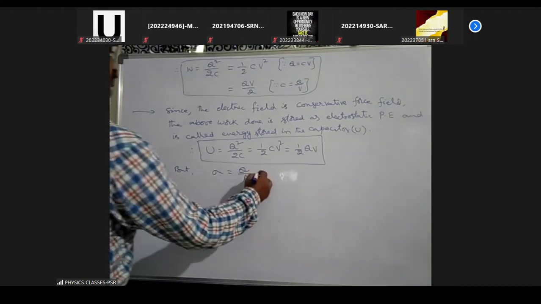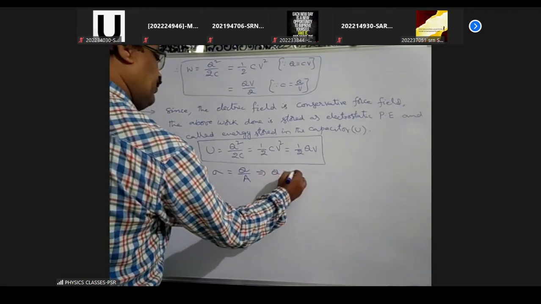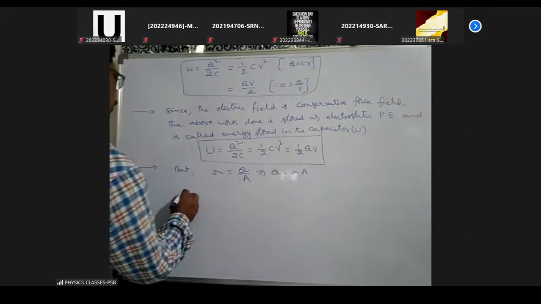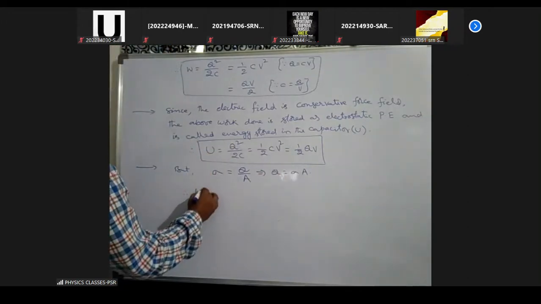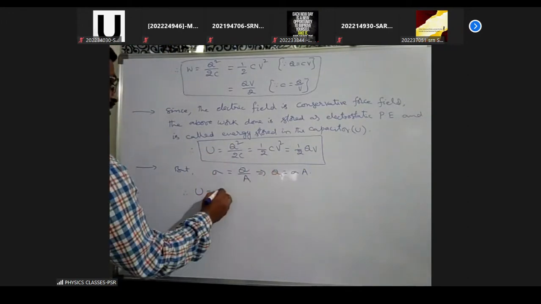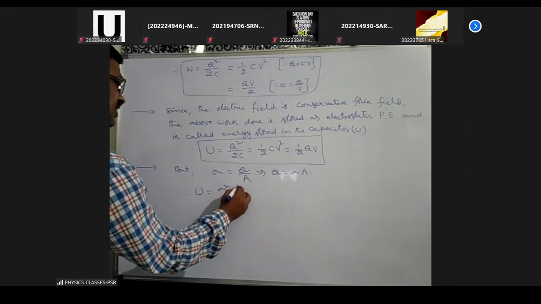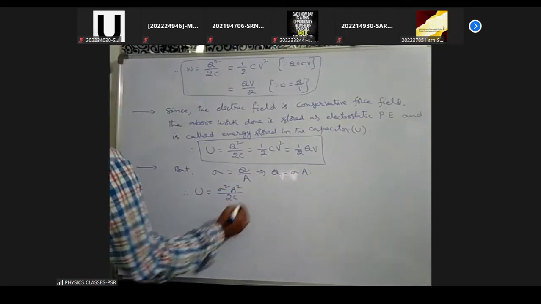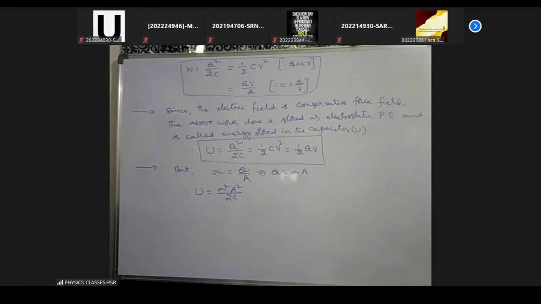So we can write Q is equal to sigma A. Therefore, this U can be written as U is equal to Q square, which means sigma square A square, by 2C.